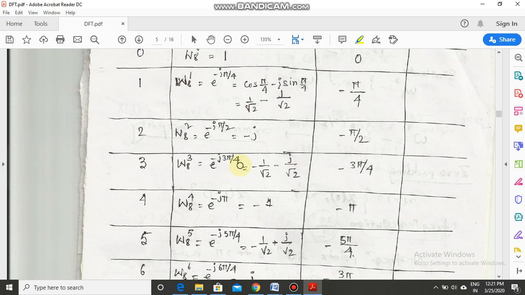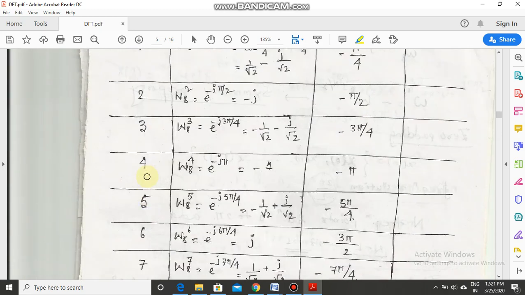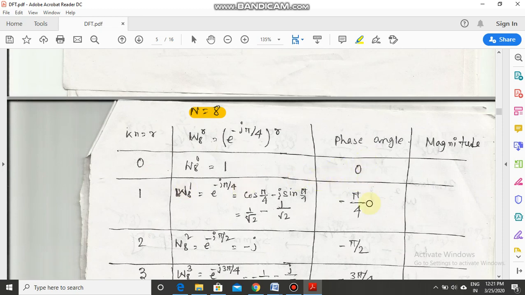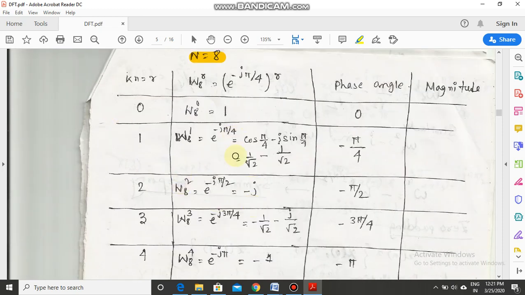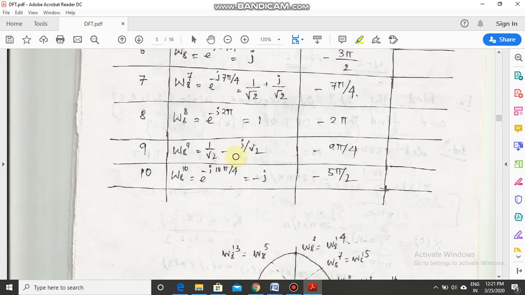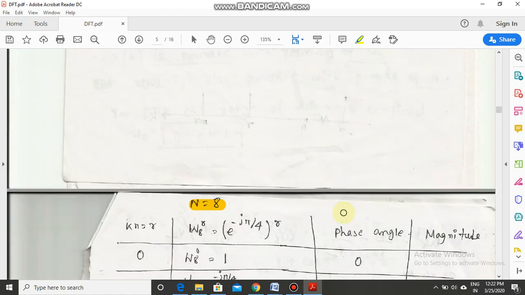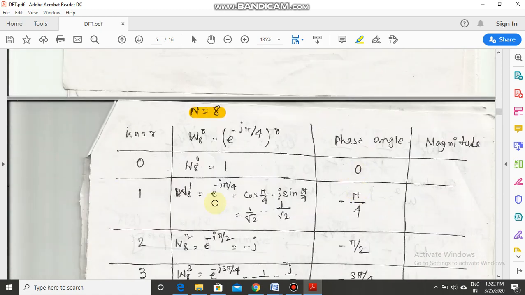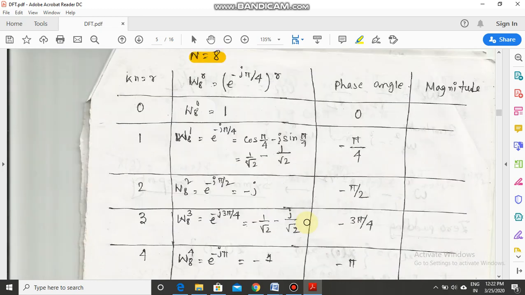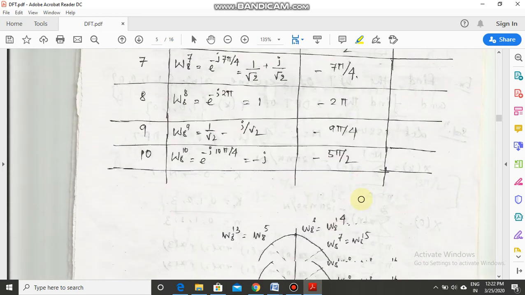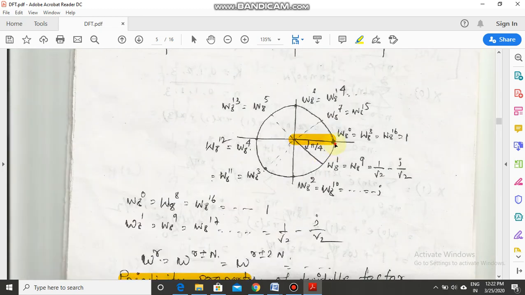So by doing this and putting all the values of r, we can calculate the different phase angles of this twiddle factor, and by doing this we can construct a circle of this. This is basically W8 of 0. Now W8 of 0 has phase angle 0. Next one, if I put r equal to 1, its phase angle is minus pi by 4, so it will rotate in this direction.